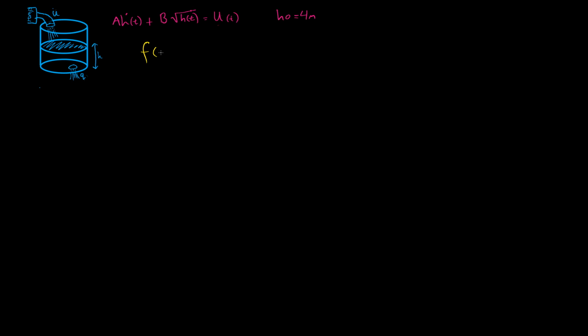So what we would have is our f of h and u is equal to f at h_0 and u_0, just like in the last video, but this now has two terms, plus, and then this time we have the partial derivative of f with respect to h evaluated at h_0 times h minus h_0.